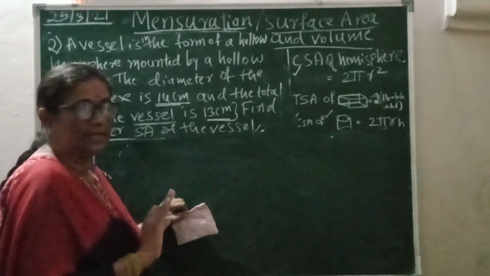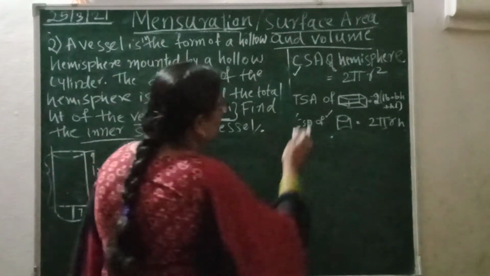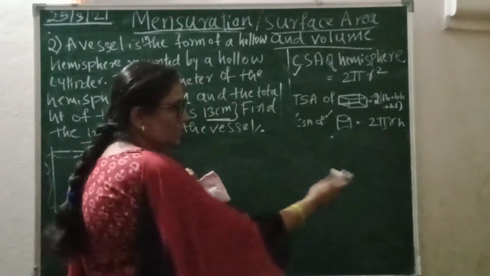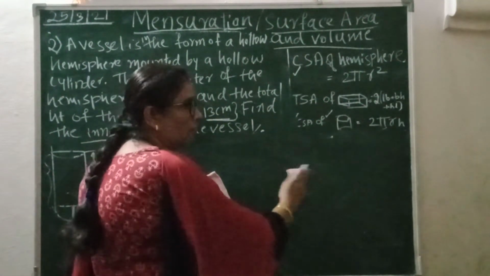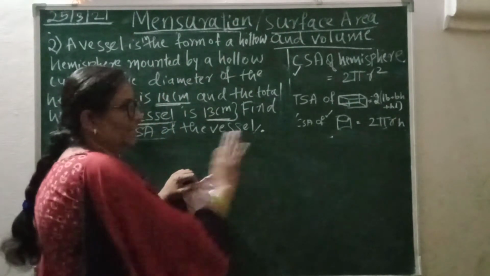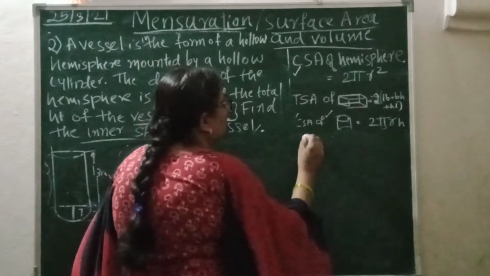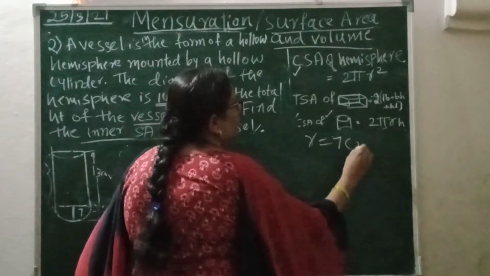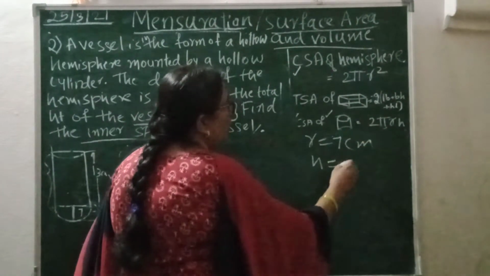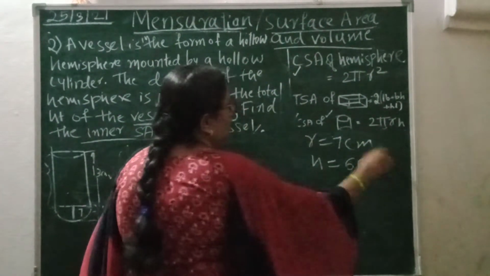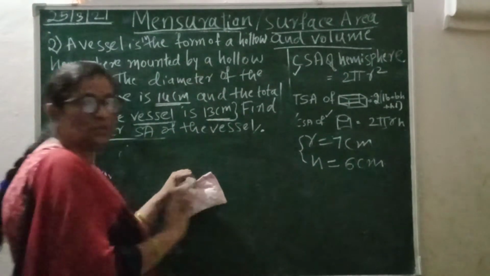So understand them well. One more thing, keep a page of formulas with you on your study table. Now let me proceed. Radius I have got as 7 centimeter and height of the cylinder as 6 centimeter. With these we will proceed with the solution.